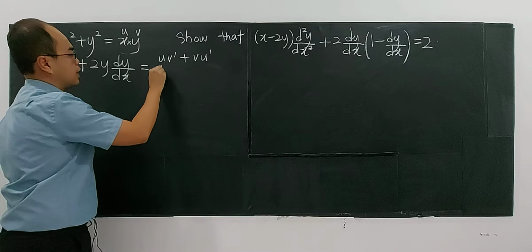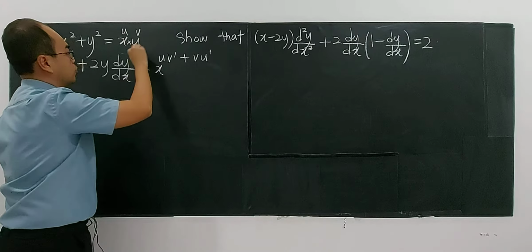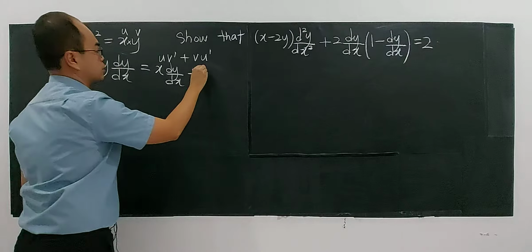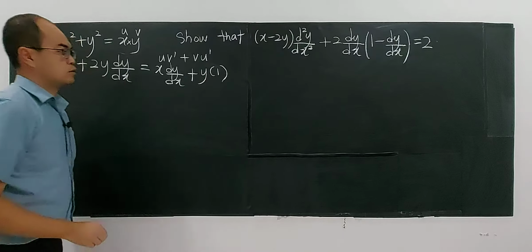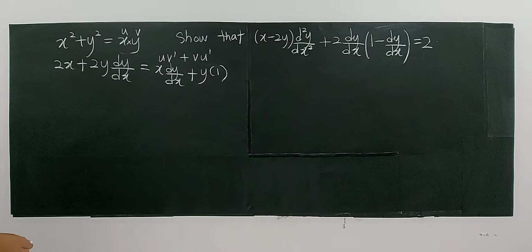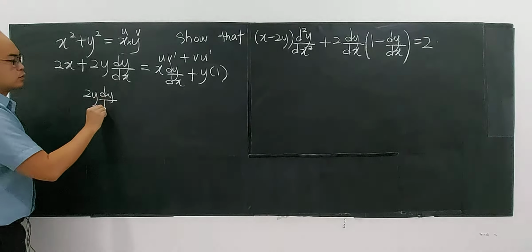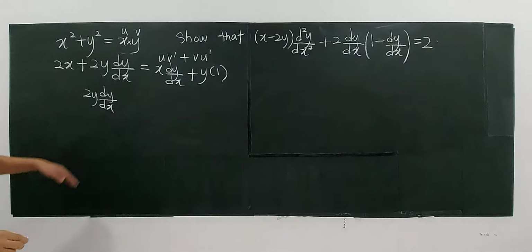So u is x, differentiate y, so x dy/dx, plus v is your y, and the derivative of x is 1. So y times 1 and x dy/dx. So I group all the dy/dx together.